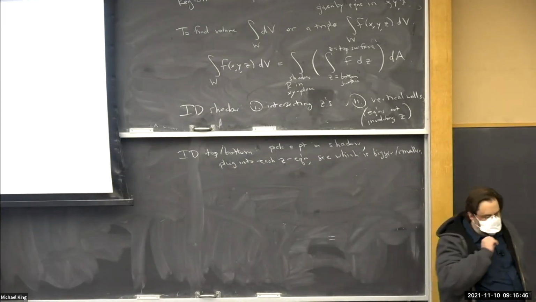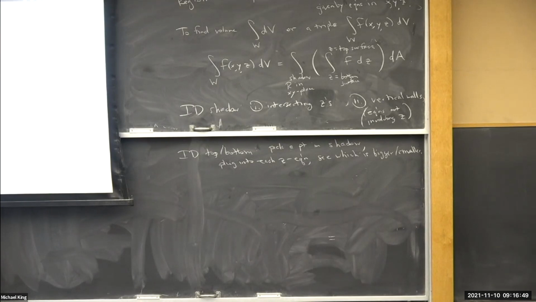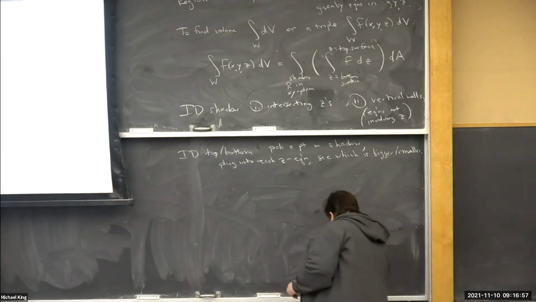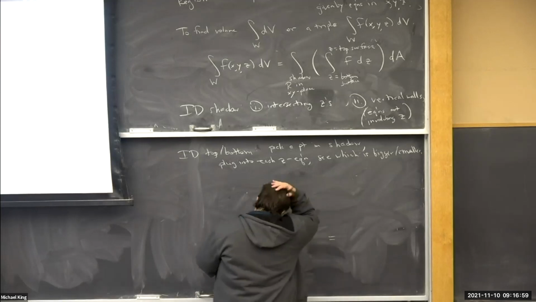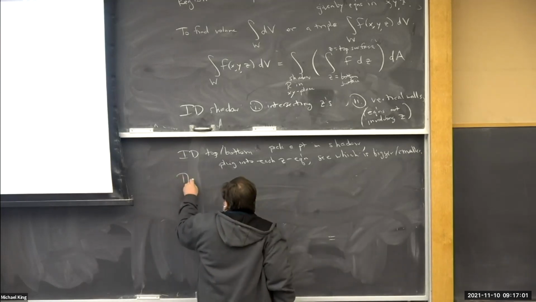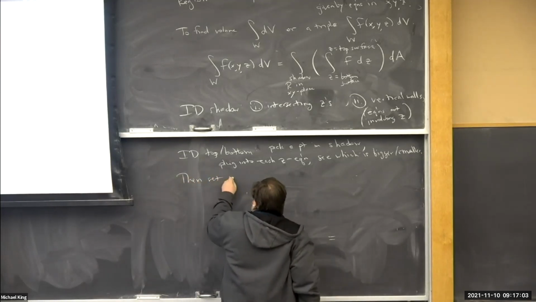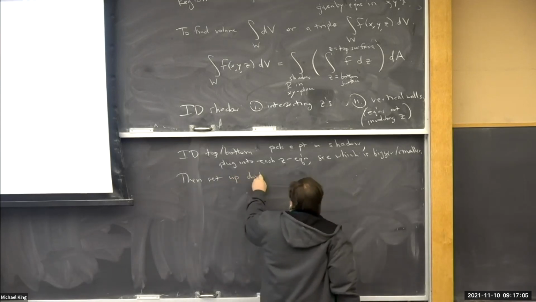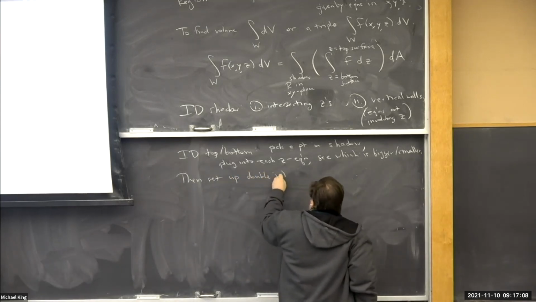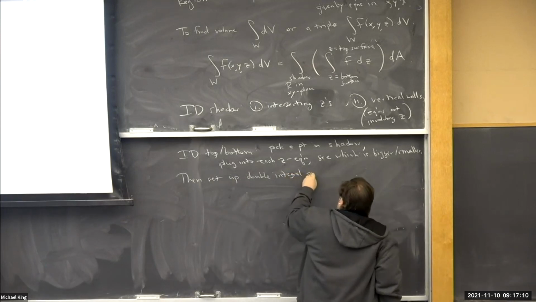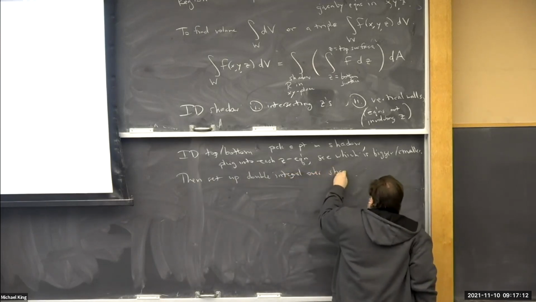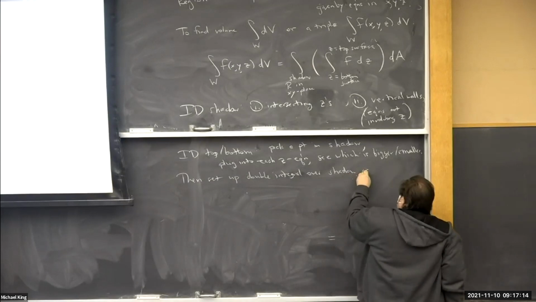That's the process. And then you start to set up the double integral over the shadow just as you would a normal double integral. Maybe I should write that too. Then set up the double integral over the shadow as we normally do.